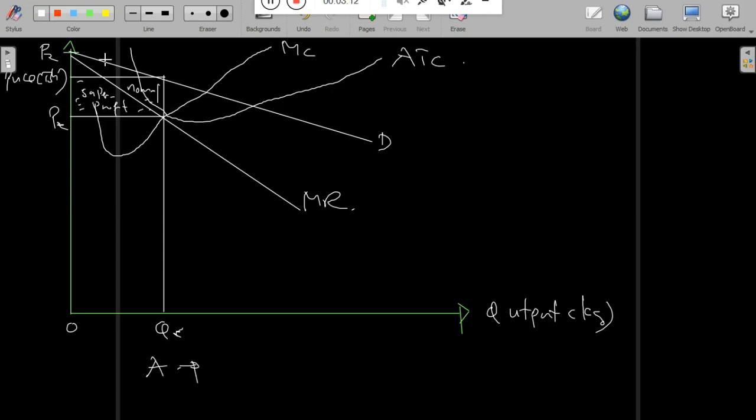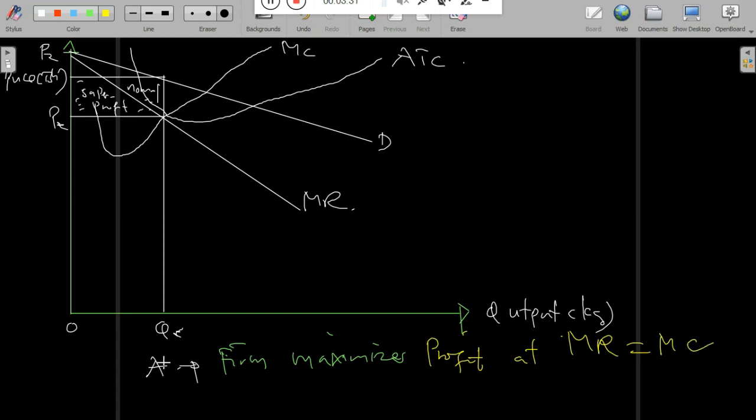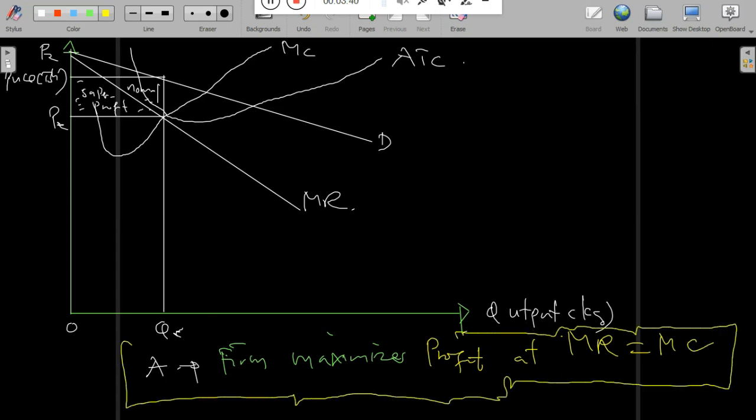This graph shows clearly that the shaded region shows a supernormal profit, and that a firm maximizes profit at output Q star. Something to note is that at this level of output the marginal revenue is equal to the marginal cost.